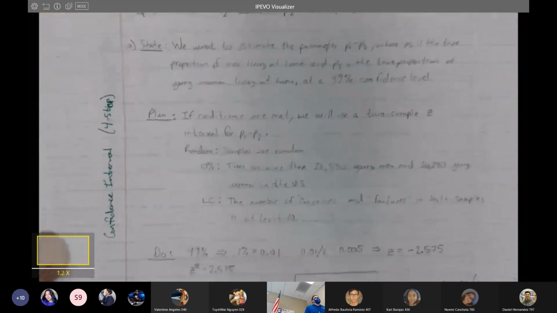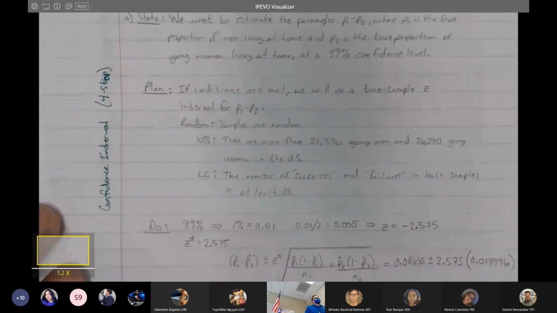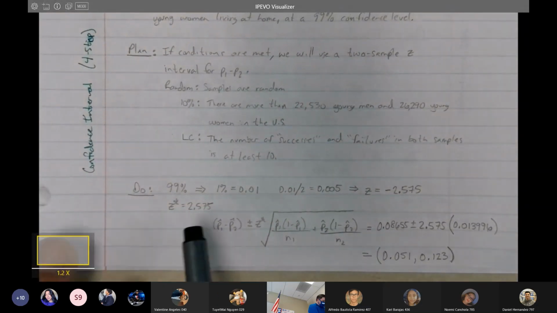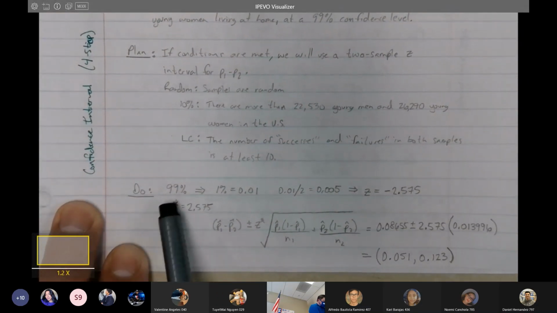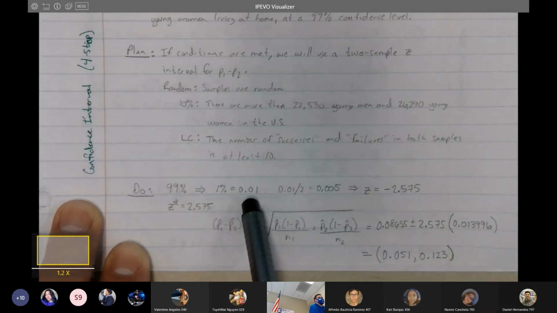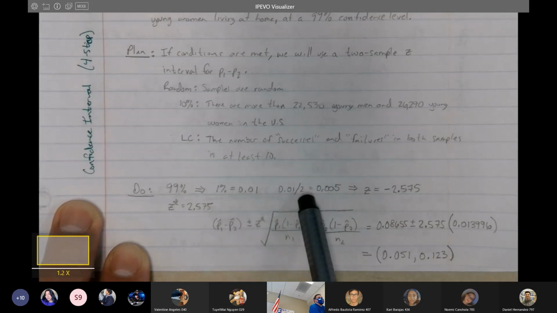Since all those things have been done, we now actually construct our confidence interval in our do step. Here in my work, we have a 99% confidence interval, which is 1% left over between each tail, which is 0.01 as a decimal. 0.01 divided by 2 gives me 0.005, which is the proportion for each of the two tails.